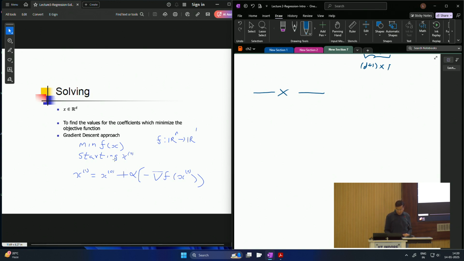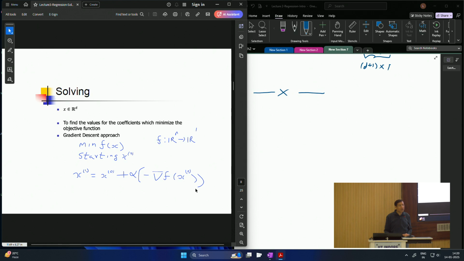Similarly, let's say you're trying to minimize f of x, going from an n-dimensional domain to a one-dimensional range. You start at x0 and then you do an update. This is an algorithm called the gradient descent method, where the direction vector is given by the negative of the gradient of the function at that given point. Everybody okay? Yes.